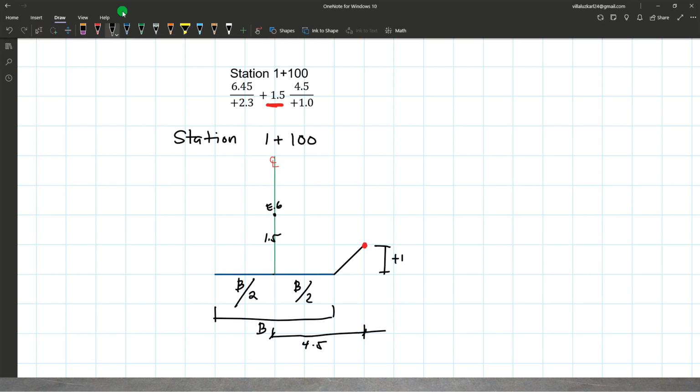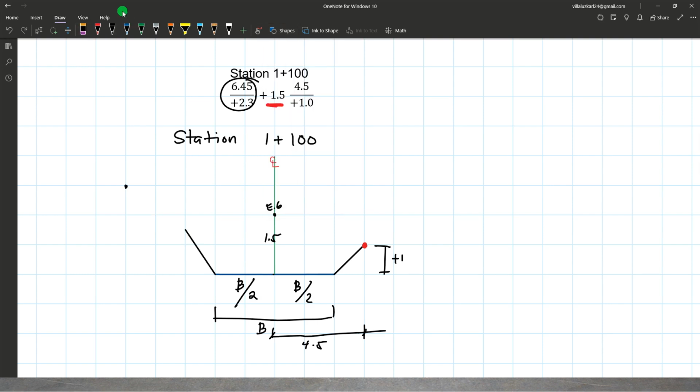On the left side we have 6.45 and 2.3. So let's say 6.45 is right here, and 2.3 is slightly above the midpoint elevation, let's say this one.